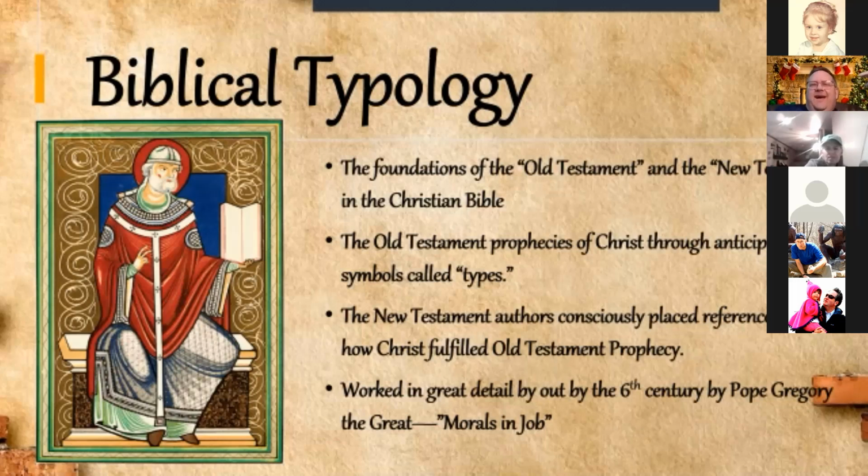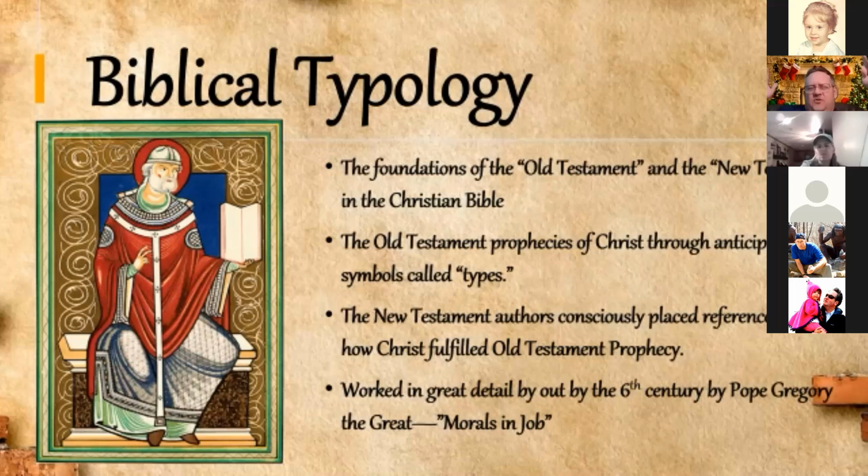Without this, you can't have an Old Testament and a New Testament, because the Old Testament is only the Old Testament because it testifies to the same thing that the New Testament testifies to, which is the divinity of Jesus Christ, the messiahship of Christ. And for 1,500 years at least, the discourse of typology has emerged as the primary way that Christians read the Old Testament and the New Testament as part of the same canon.